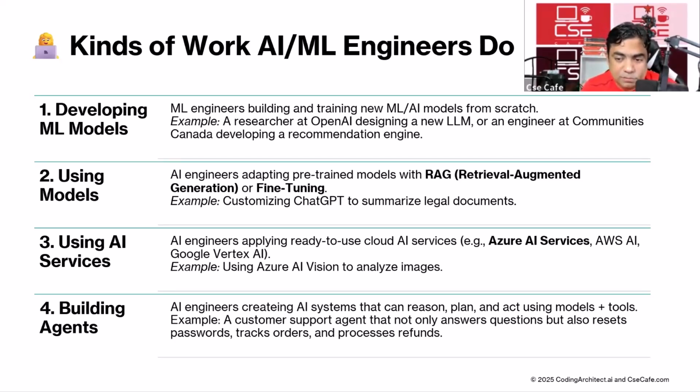The fourth one, which is very common today, is agentic AI. So AI engineers are creating AI systems that can reason, plan, and act using models plus tools. Example, a customer support agent that not only answers questions but also resets passwords, tracks orders, and processes refunds.